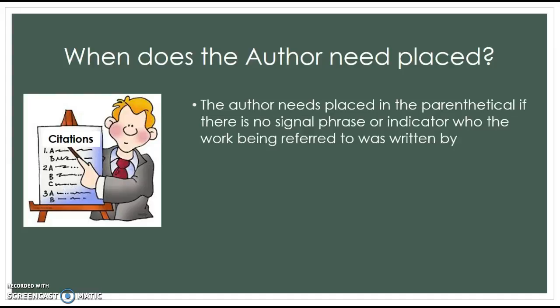So if there was a quote with no author earlier in the sentence, in the parenthetical citation there needs to be the name of the author so that if the reader wants to go to your works cited and read their article or their book, they can do so, and it gives the author proper credit for their ideas.